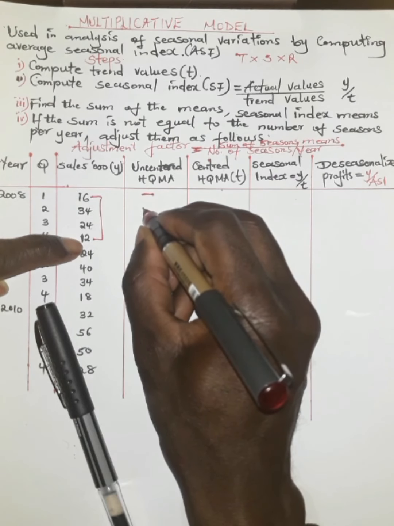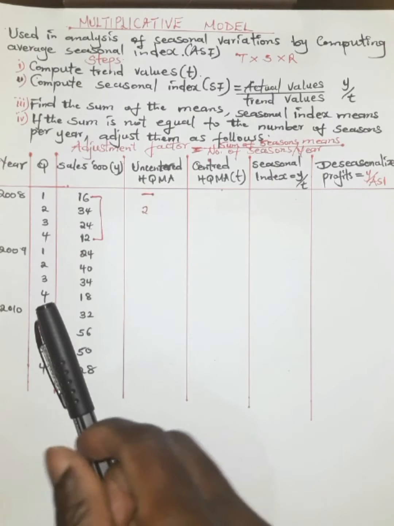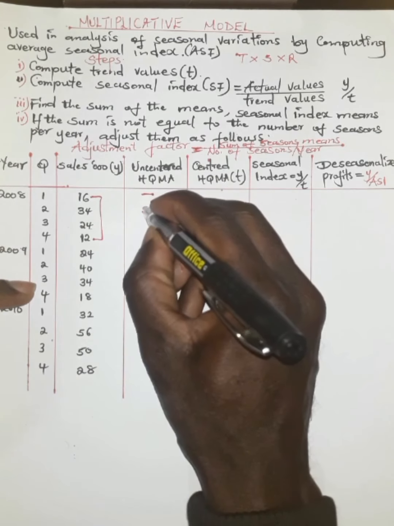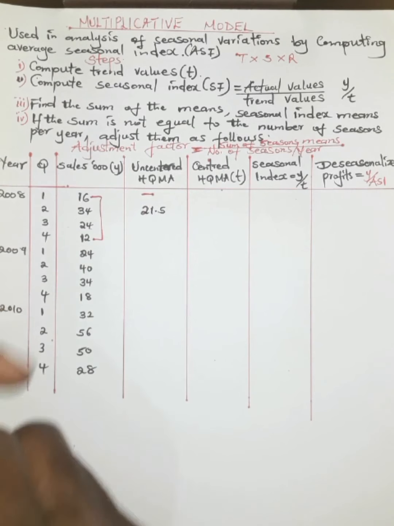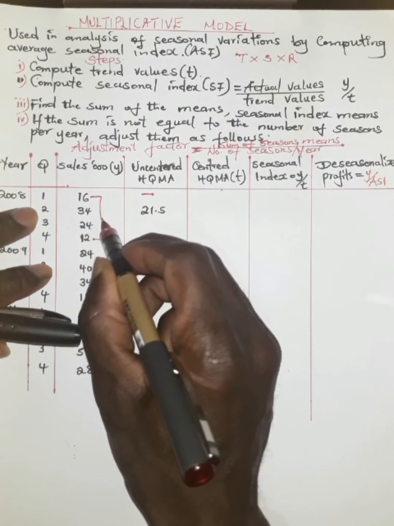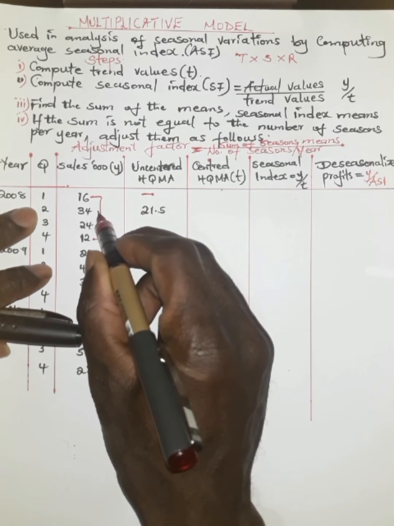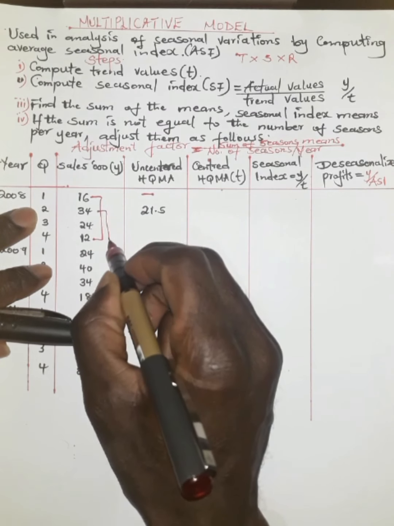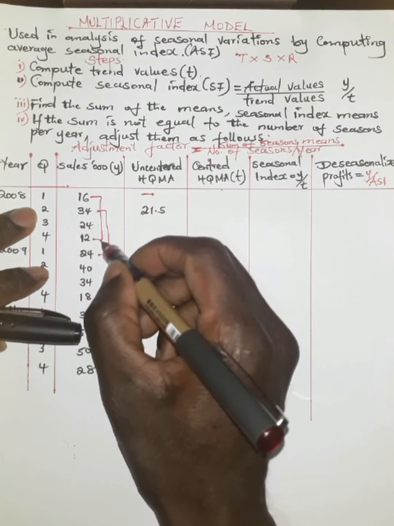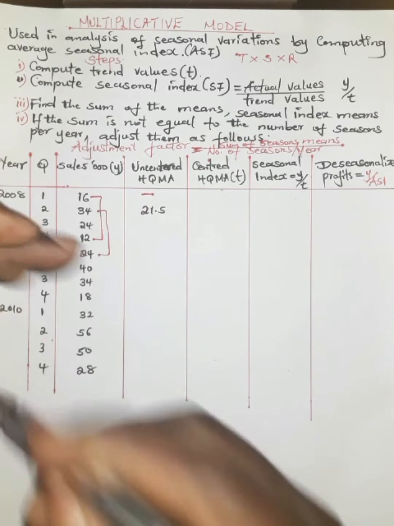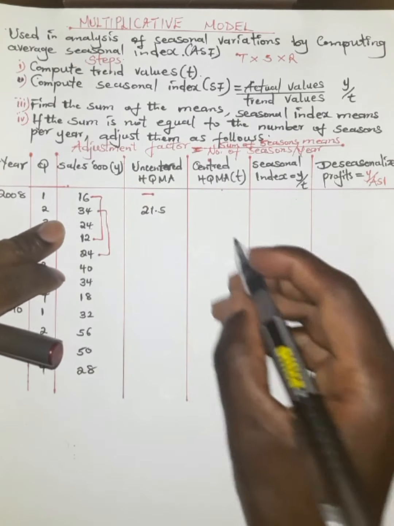So 21.5 should be written in this particular case. You do the same for the next season, starting from 34, covering 4 quarters again, add the 4, divide by 4, and you get a value of 23.5.